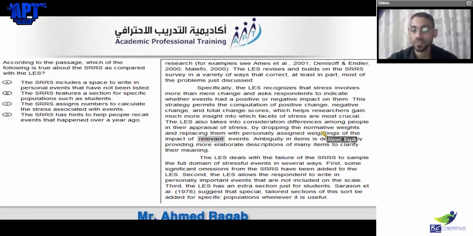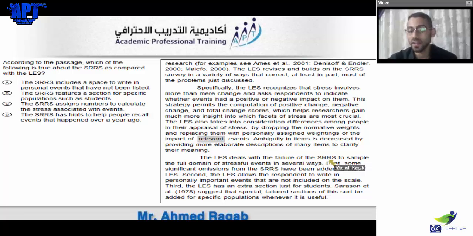Then he said, by dropping the normative weights and replacing them with personality-assigned weighting of impact, relevance, ambiguity in items is decreased by providing more elaborate descriptions of many items.